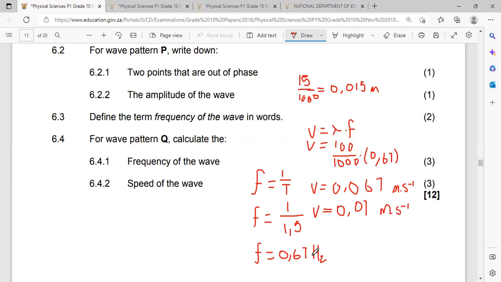It just depends on whether you have the time to write the concluding statement or not. If you don't think that you have the time, you just write your answer and convert it to two decimal places. You don't have to write your concluding statement. Do you understand that? Yes.